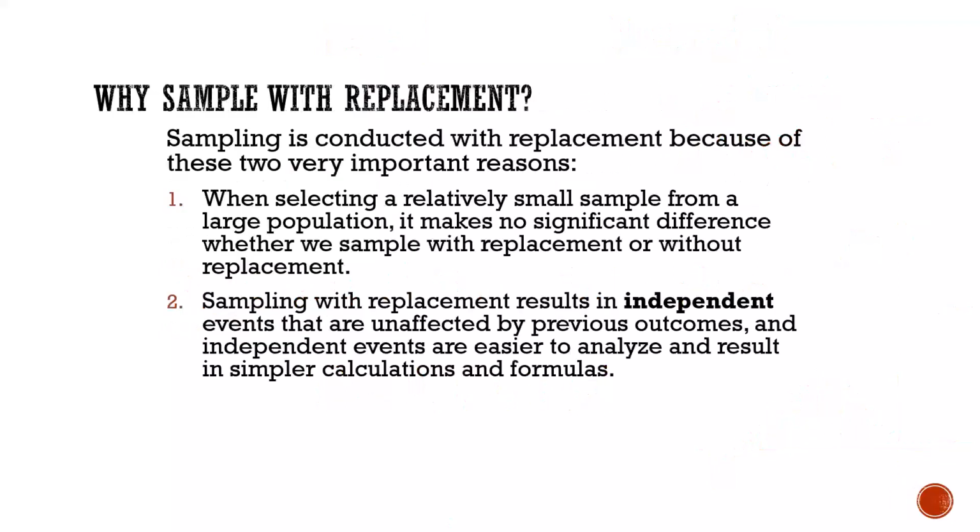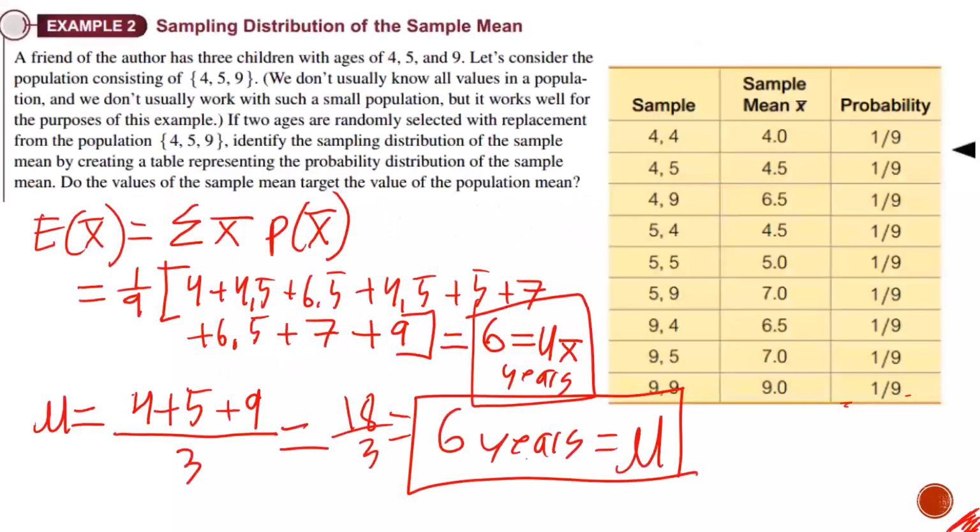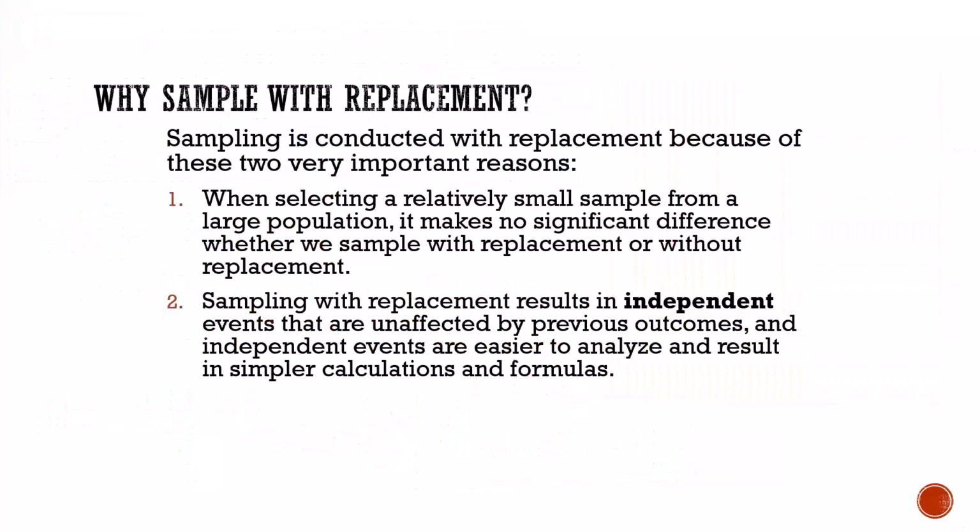Just a quick thing on this chapter before we start the next one. When you're sampling, remember when we did the example with the 2 children, I had 3 samples that involved choosing the same child twice. So for these theories to work completely, we want to be sampling with replacement.